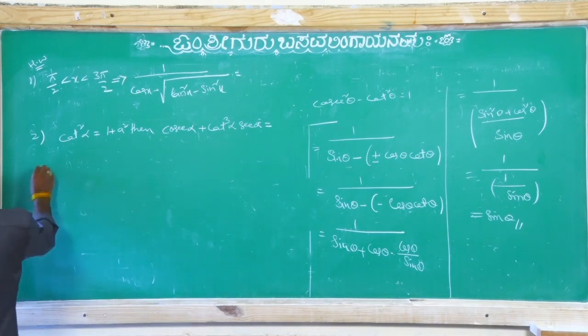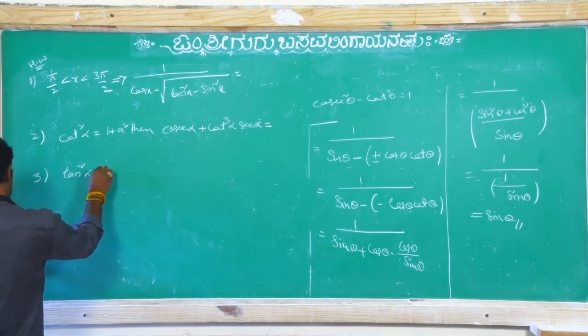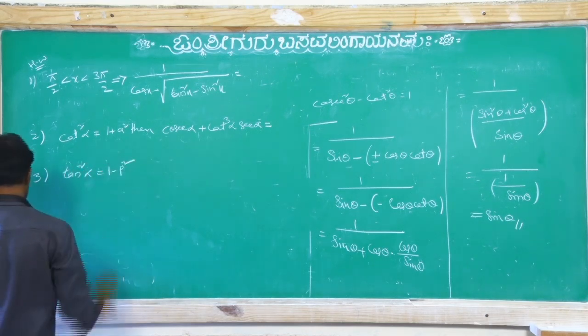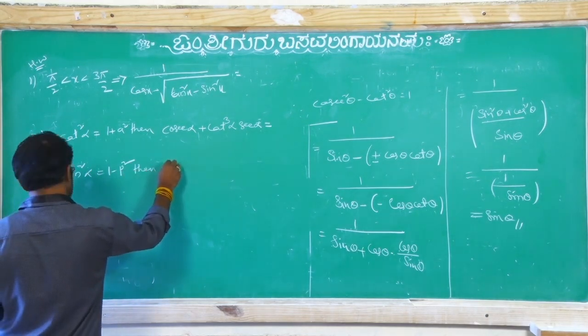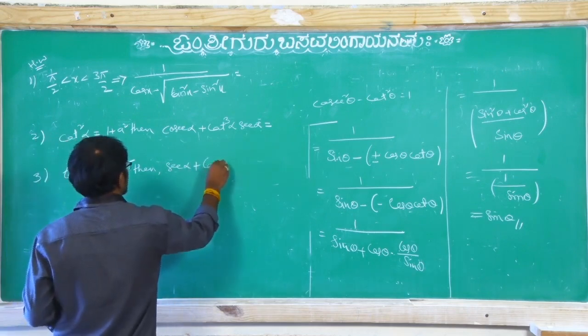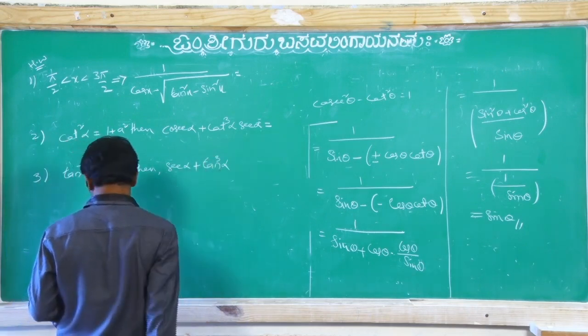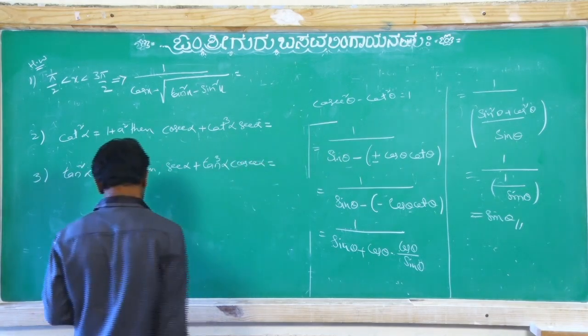Next, third one, tan square alpha equal to 1 minus p square. Then secant alpha plus tan cube alpha into cosecant alpha equal to.